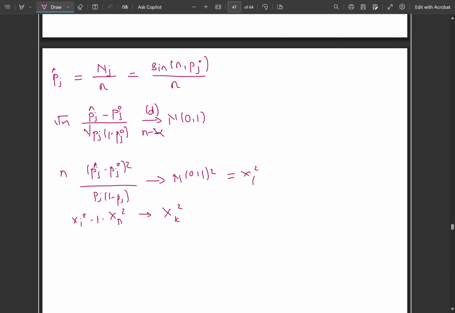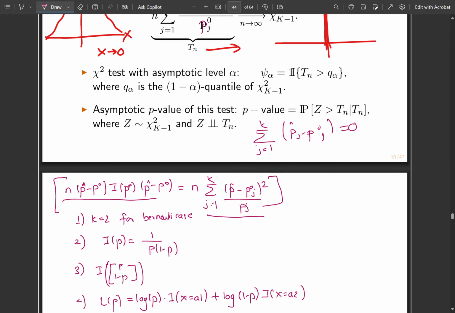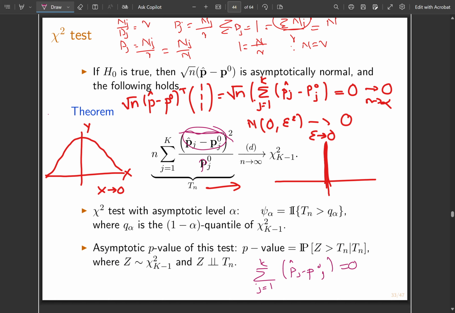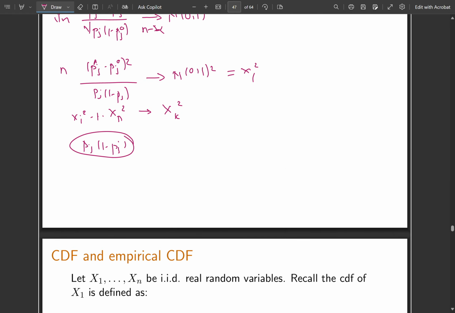Also, we need to be careful about what we're normalizing by here. We are normalizing by pj times 1 minus pj, and this is a wrong normalization. It should be just pj. So it's a wrong normalization as well.